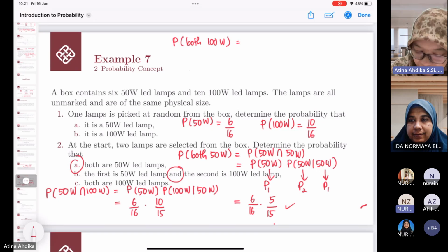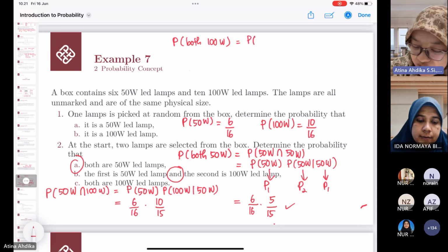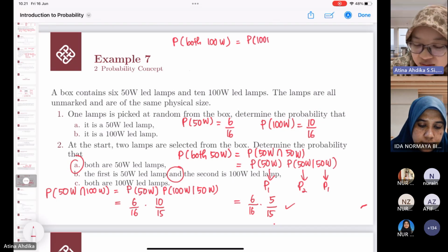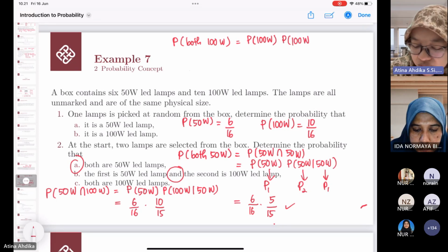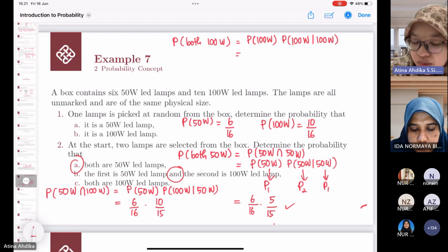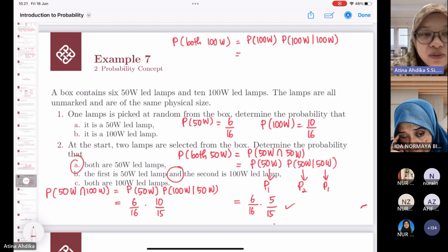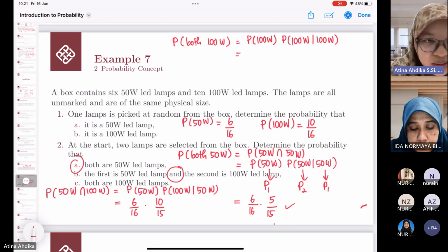Or we can say that if both are 100 watts, so in the first process, we take 100 watt, and then in the second process, we also take 100 watt, given that the first process is 100 watt. So what is the probability that the taken lamp in the first process is 100 watt?